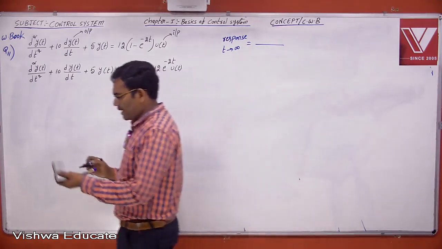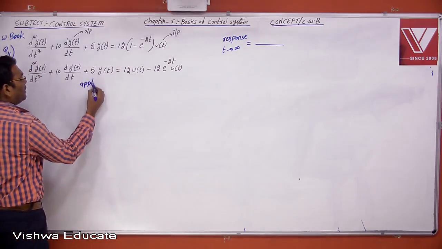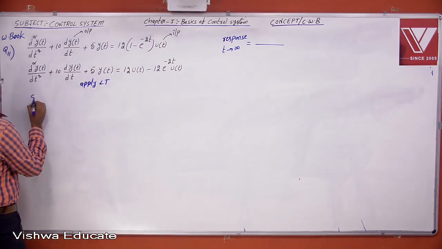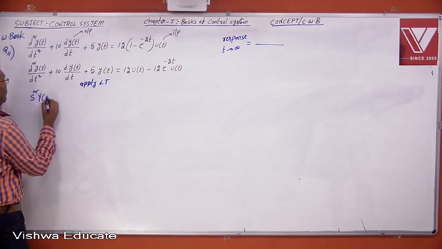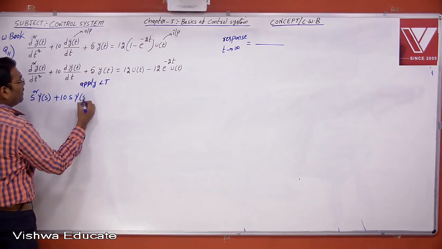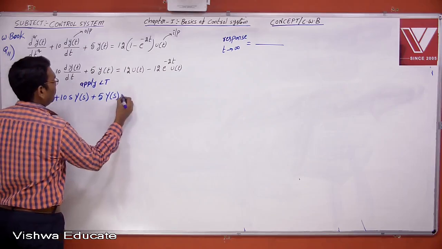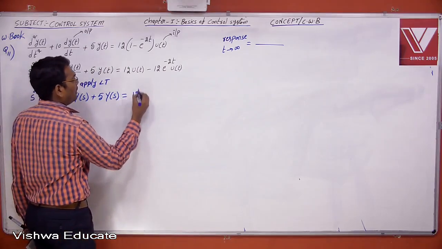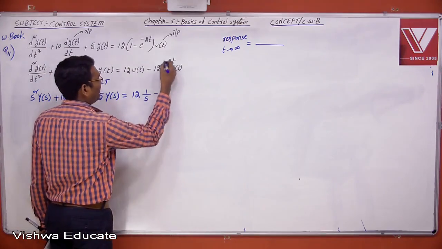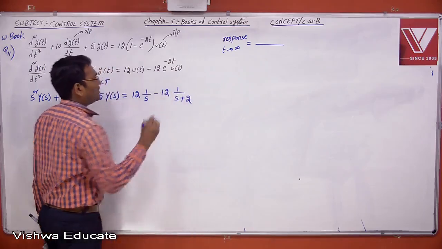Now if I apply the Laplace transformation, s square into y of s plus 10 into s into y of s plus 5 into y of s is equal to 12 into the Laplace transformation of u of t, which is 1 by s, minus 12 into the Laplace transformation of e power minus 2t, which is 1 by s plus 2.